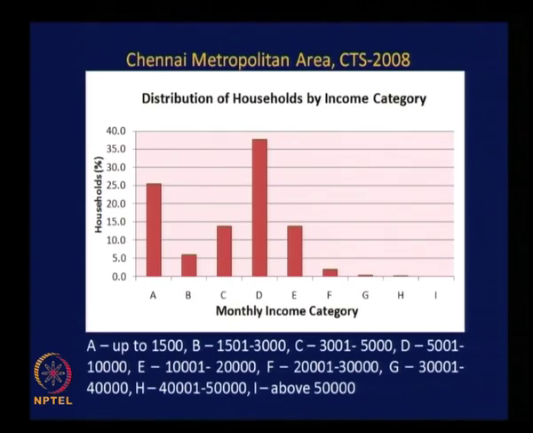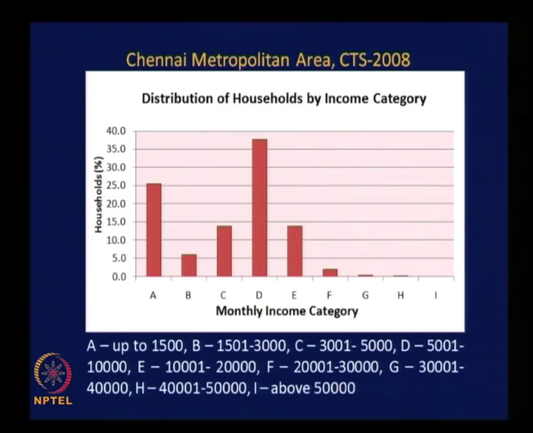This is the metropolitan area, not municipal boundary. Metropolitan area is normally considered as a planning area for urban transportation system planning purpose. And other ranges you can see for yourself. Category B, income range is 1,500 to 3,000, of course it is much less.